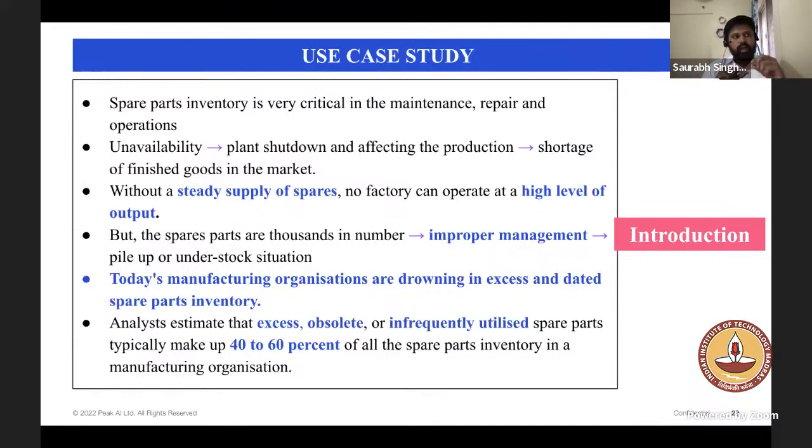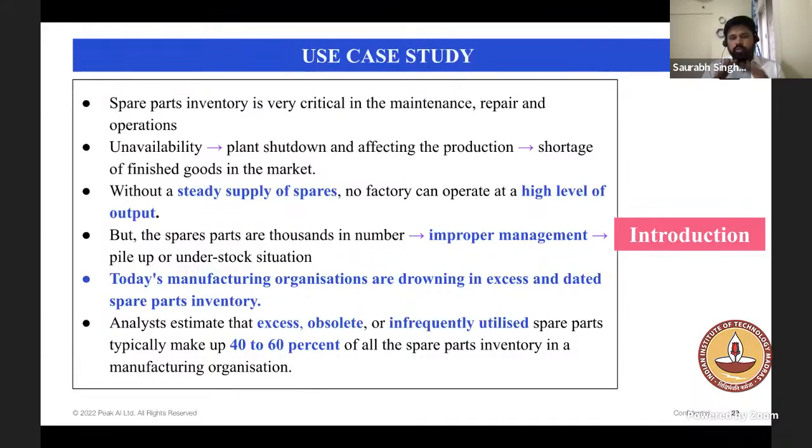Rather, it is required to keep the production line up and running. Unavailability of such spare parts can lead to plant shutdown and affect production, leading to a shortage of finished goods in the market. Without a steady supply of spares, no factory can operate at a high level of output.